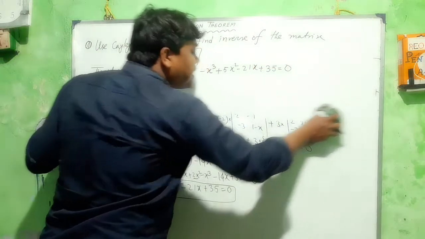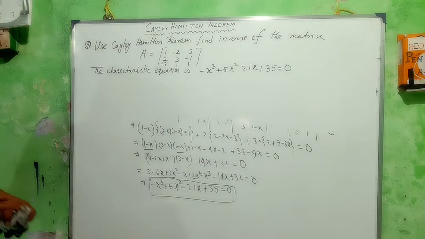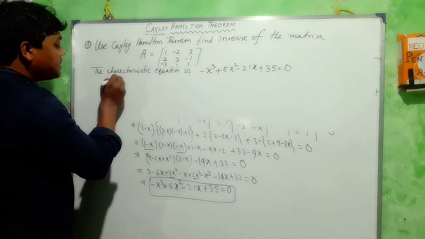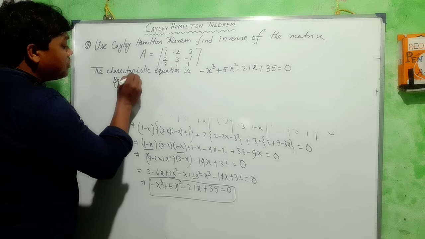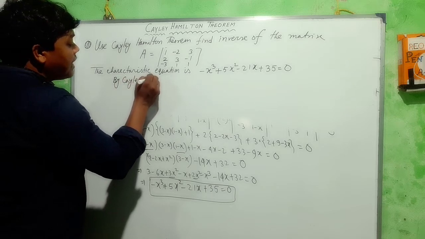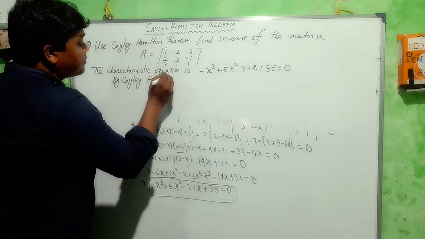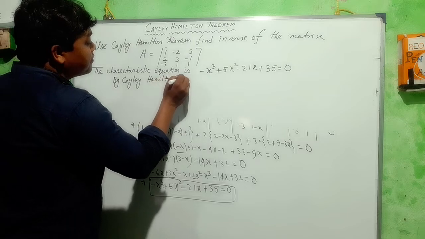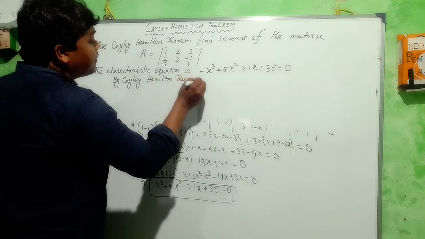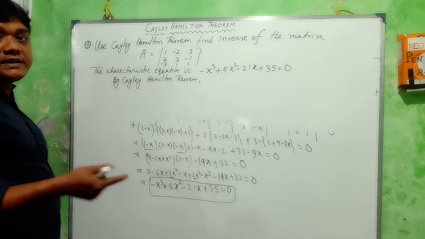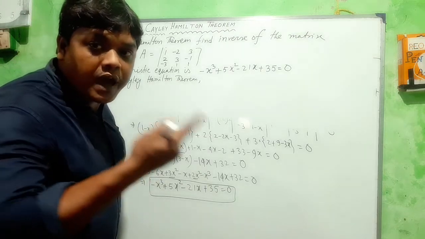So what is the statement of the Cayley Hamilton theorem? By Cayley Hamilton theorem we can say that every square matrix satisfies its own characteristic equation.